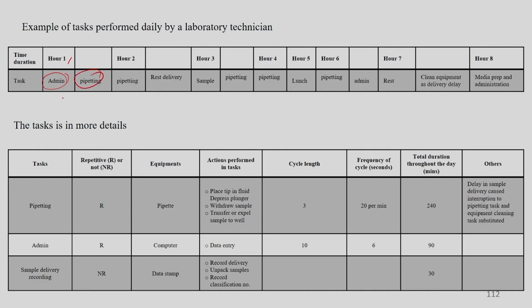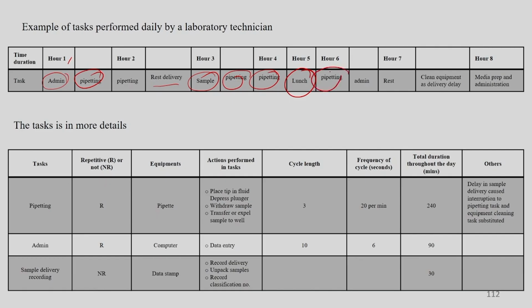In the second hour he continues with pipetting and the rest is delivery. In the third hour he is doing sample collection, then pipetting, then he takes a pause for his lunch, a 1 hour lunch break, right. For the first 4 hours he is working and then in the 5th hour he takes a break for lunch.